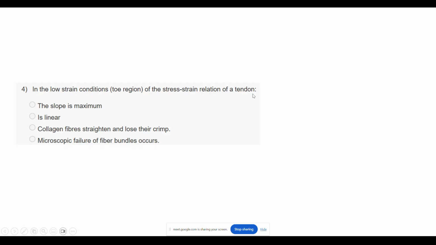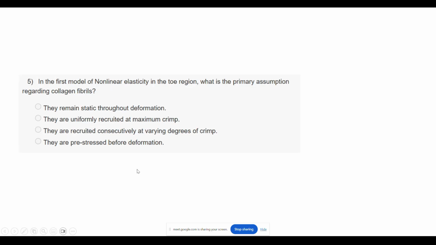In low strain conditions, in the toe region of the stress strain relation of a tendon: slope is maximum, slope is linear, collagen fibers straighten and lose their crimp, microscopic failure of fiber bundles occur. The answer is collagen fibers straighten and lose their crimp. In the first model of nonlinear elasticity in the toe region, which is the primary assumption regarding collagen fibrils?